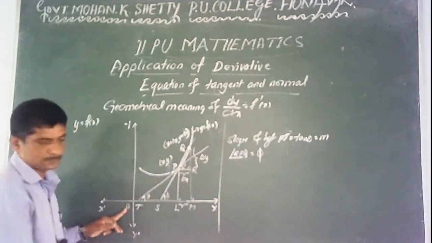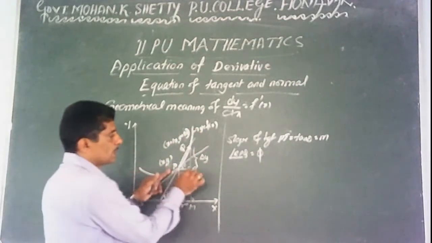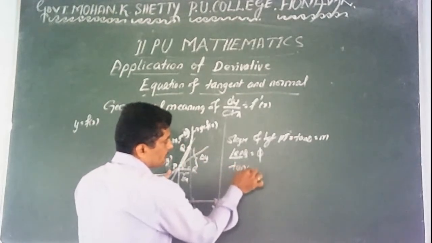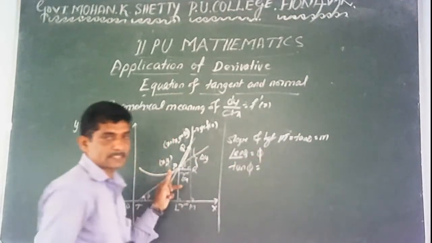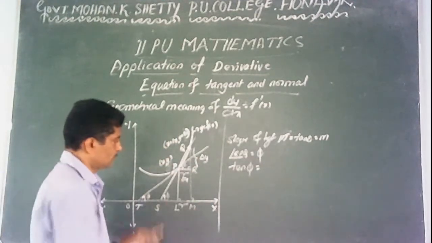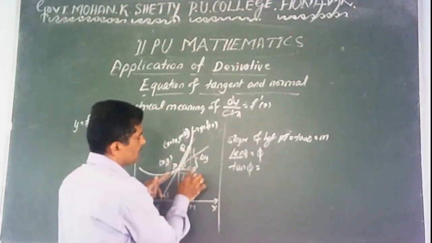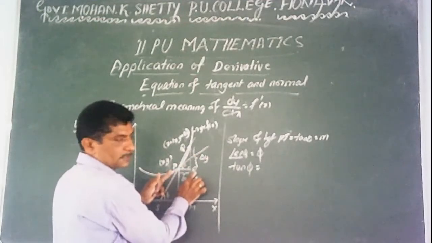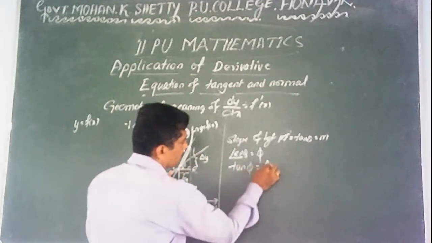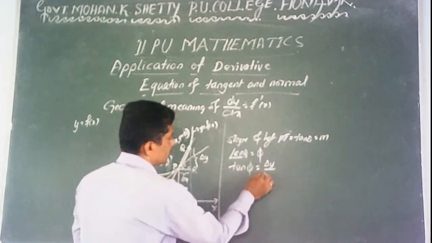It is clear? Here you know that PRQ is a right angle triangle. Then the value of tan psi, either take psi or pi, tan psi is equal to opposite side QR divided by adjacent side PR. QR means delta y divided by delta x.